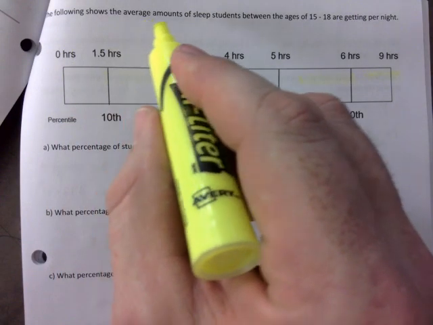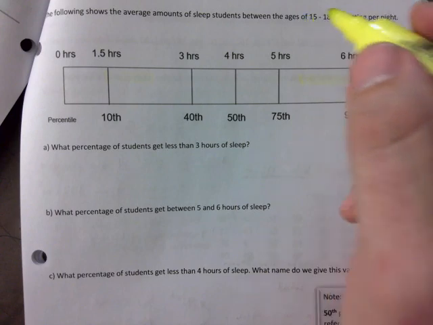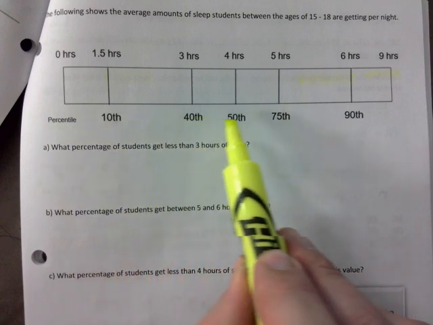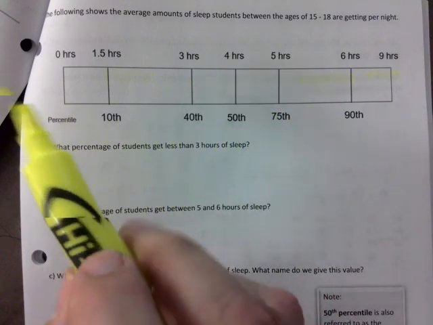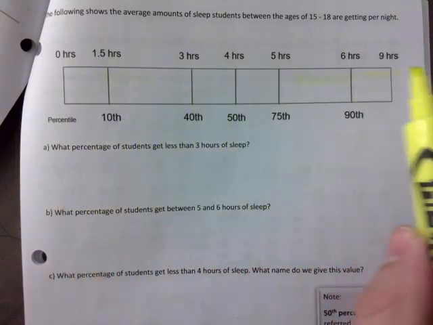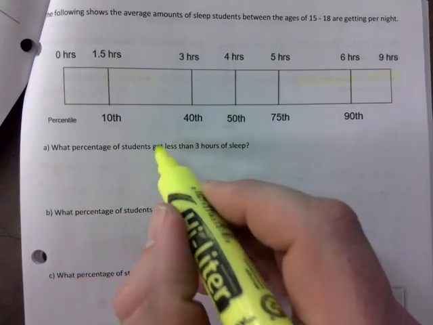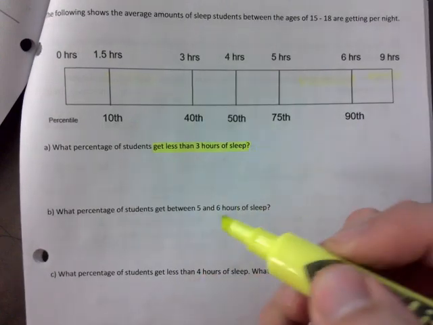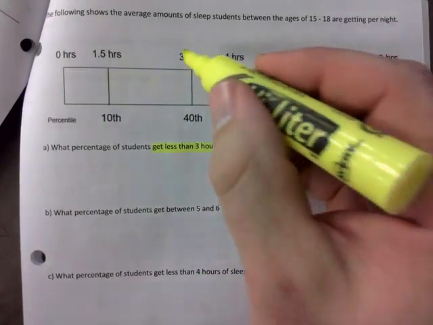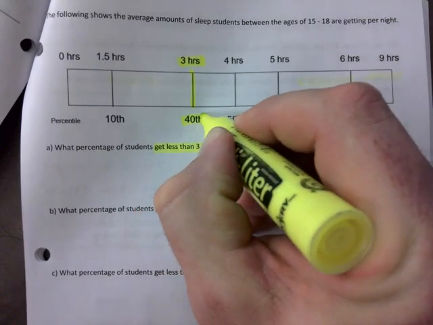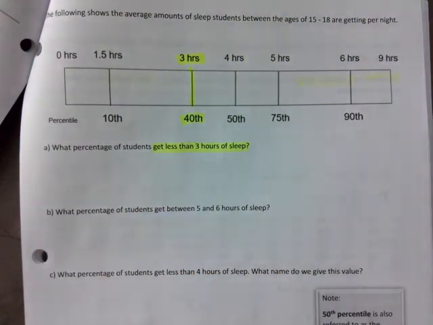The following shows the average amount of sleep students between the ages of 15 to 18 are getting per night. So you have the percentile down here, and you have the hours up here. What percentage of students get less than 3 hours of sleep? Well, 3 hours coincides with the 40th percentile.